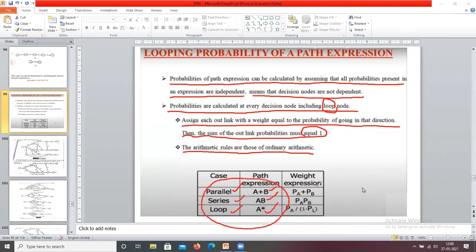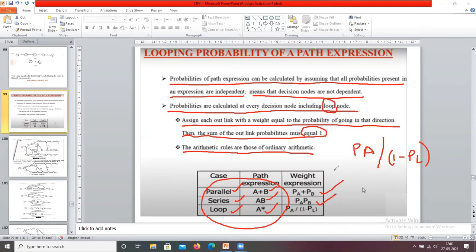Coming to weight expressions, for parallel links, the weight expression is PA plus PB, meaning probability of A plus probability of B. For series, it is probability of A into probability of B. For loop, the weight is probability of A divided by 1 minus PL, where PL means the probability of the loop.